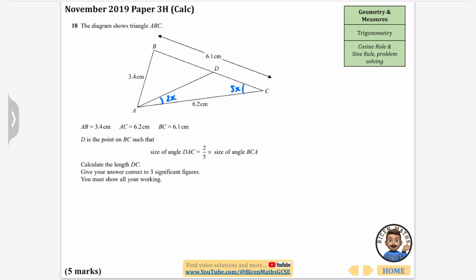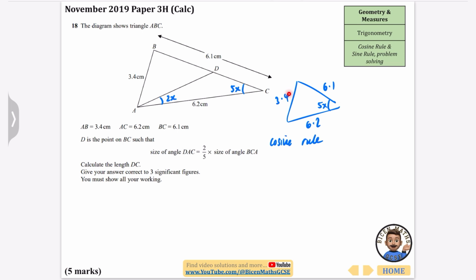Well, I think we've probably got some information with this large triangle, and we know that one of the sides is 5x. So if I look at the large one, this is going to be the way I find out what the size of x is. So I have a 5x, a 6.1, a 3.4, and a 6.2, and I'm going to do the cosine rule. Some people remember this rearranged, but I actually just don't.